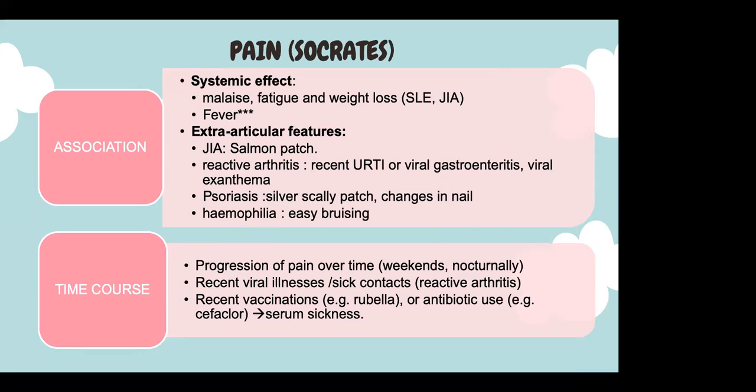Reactive arthritis, for example in viral exanthema, there is a history of recurrent upper respiratory tract infections or viral gastroenteritis. In psoriasis, you must ask about silver scaly patches, changes in the skin, nails, and scalp. Hemophilia, if there is presence of easy bruising, joint swelling, and pain, it may indicate an underlying clotting disorder.